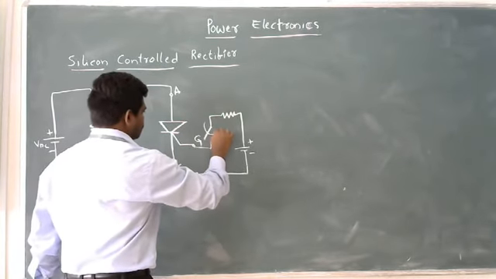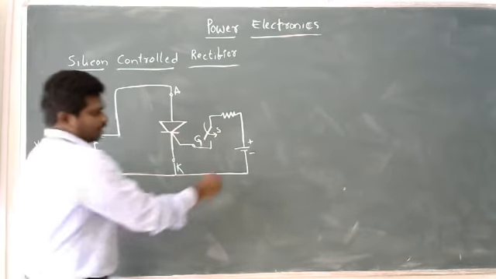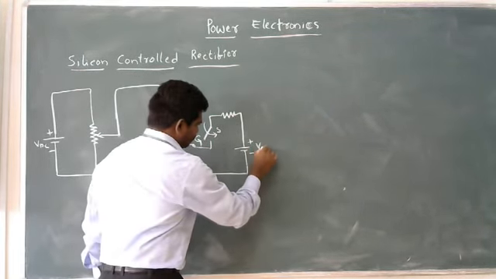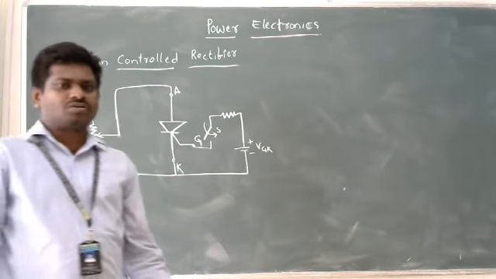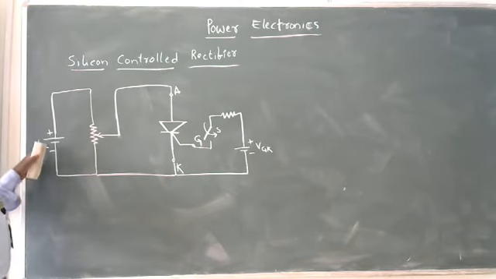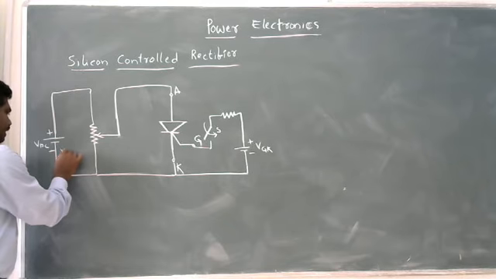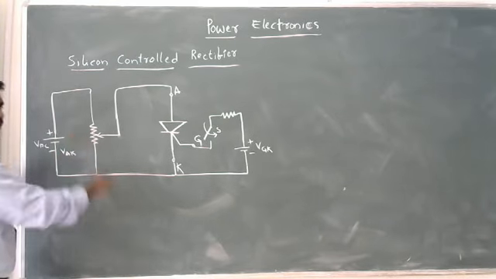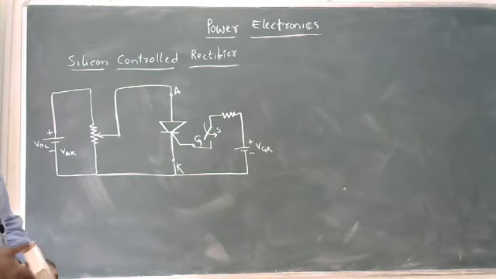This is a switch. We can call this source VGK, the voltage applied across the gate and cathode terminals. The other name for this VDC is VAK, the voltage applied across the anode and cathode.